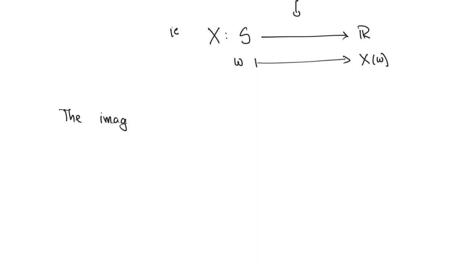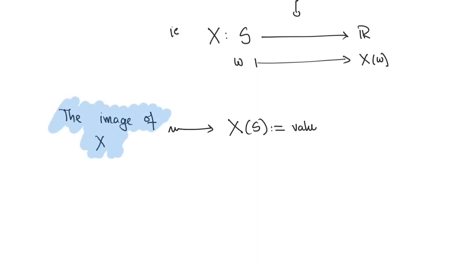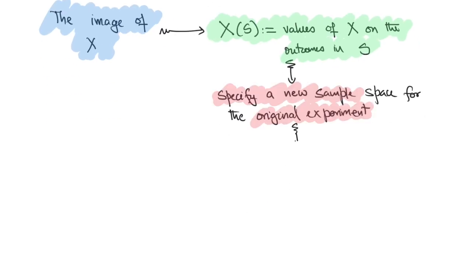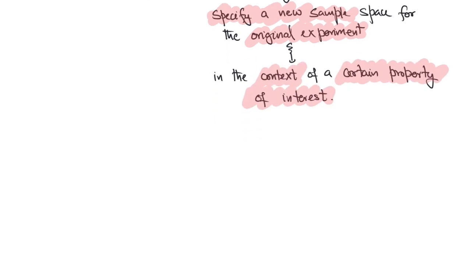The image of the random variable x, that is x of S, is going to be the set of all values of x on the outcomes in S. X of S then specifies a new sample space for the original experiment in the context of a certain property of interest that we're going to use to define the random variable x in the first place.